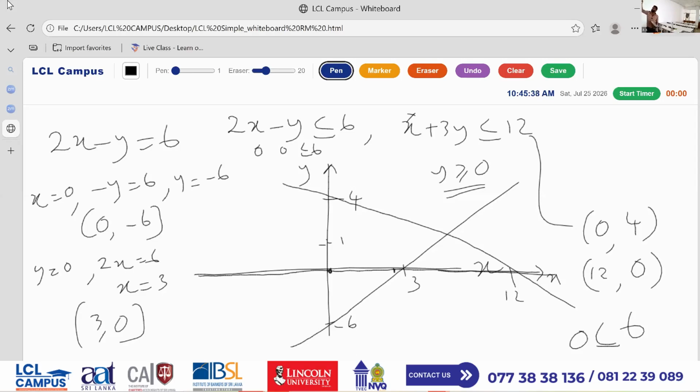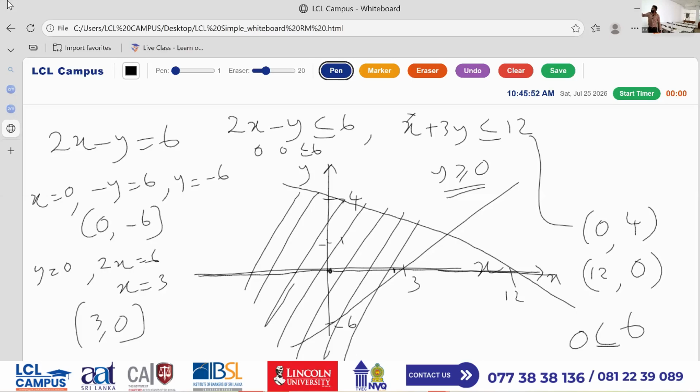Therefore this inequality should be the downside of this line. Understood what I said? Sure? Then for this inequality, it should be the downside of this line. Is it okay? Right.